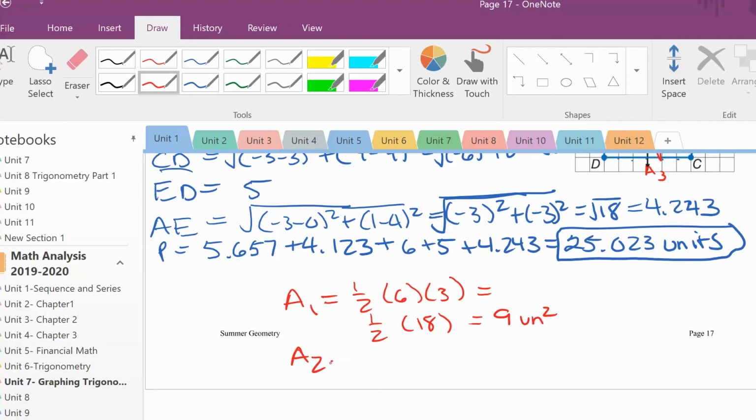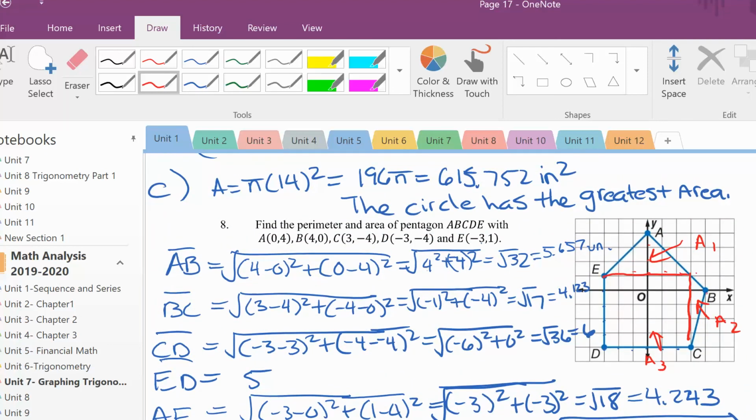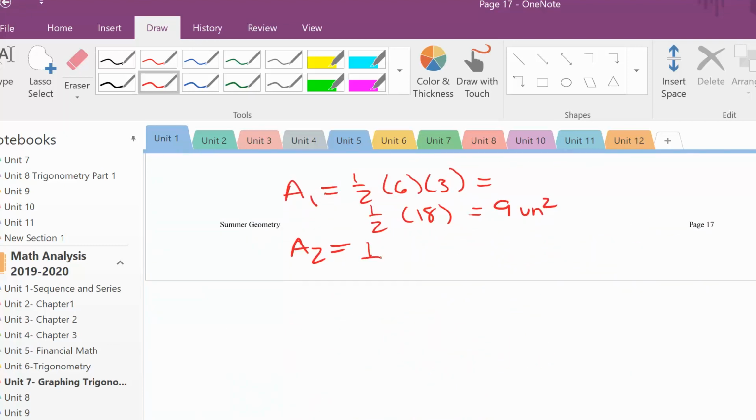The second area, well, the height is 1, and the base is 1, 2, 3, 4, 5. So we're going to go 1/2 of 1 times 5, which is 2.5.